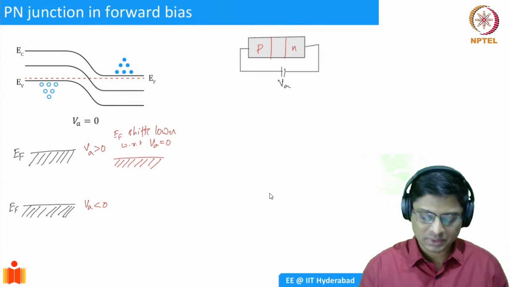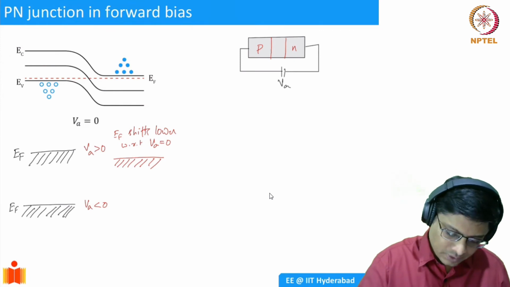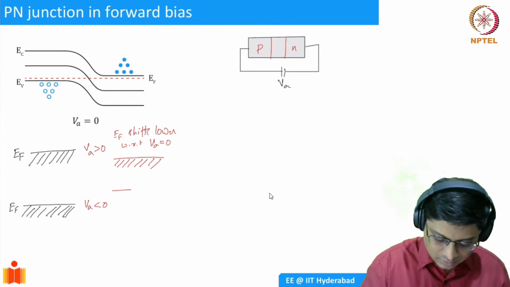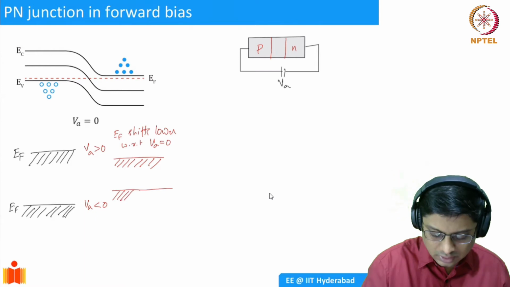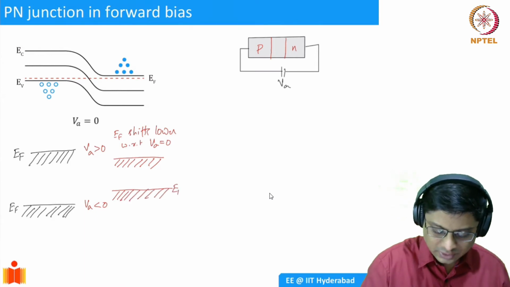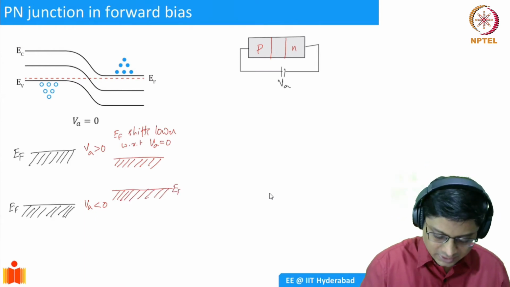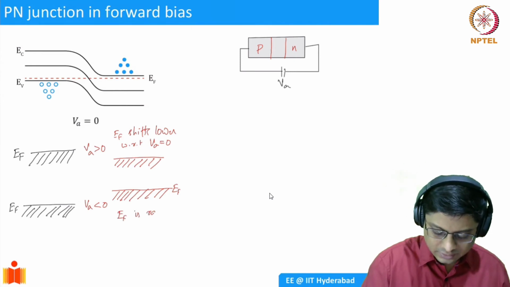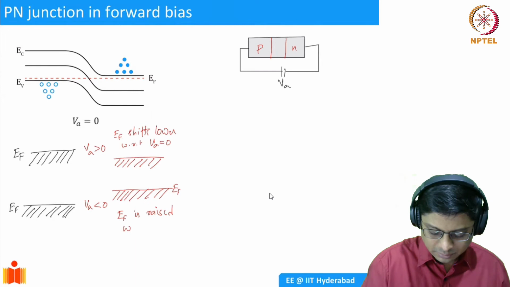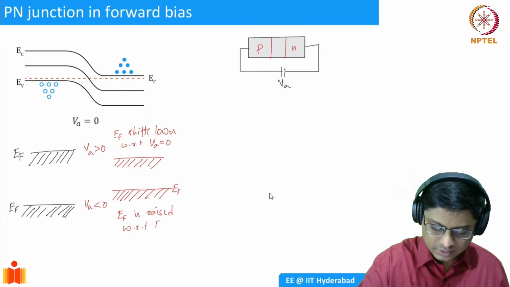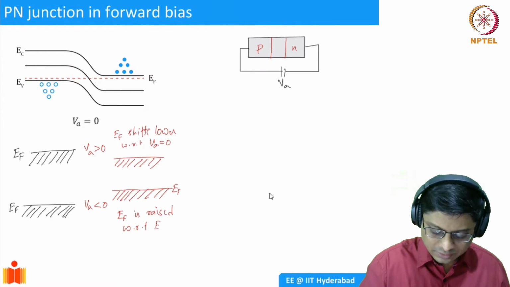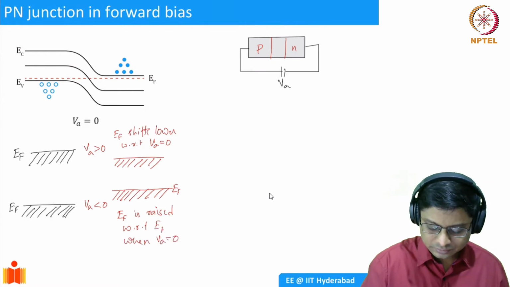So EF will move up. So EF is here now, right? So basically, in this case, EF is raised with respect to EF when VA equal to 0.